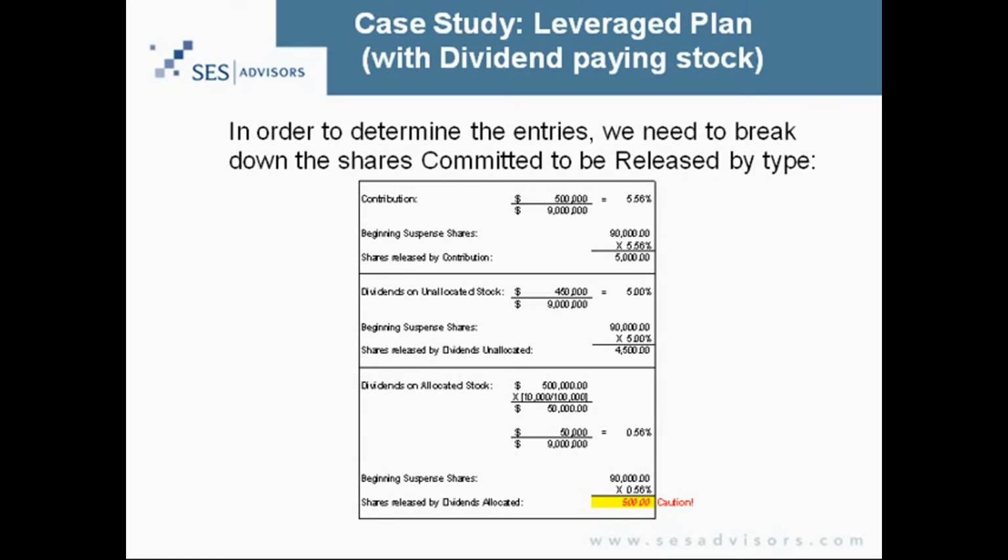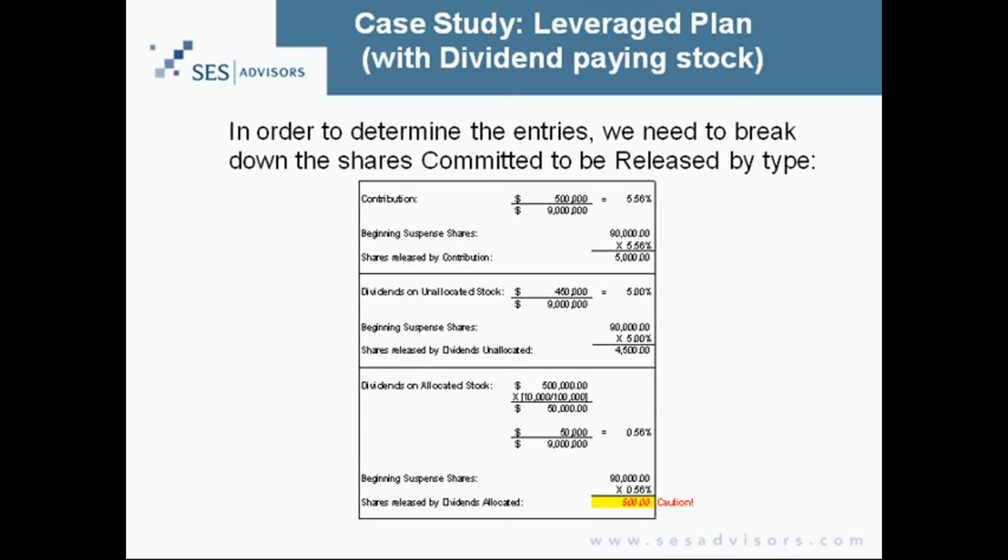The dividends on unallocated stock are $450,000. And this is simply the shares not yet allocated over the total shares held by the ESOP. Now we're dividing that by the same 9 million, and we're getting a 5% release, or 4,500 shares in this example.